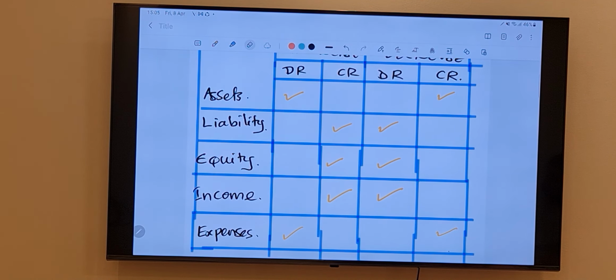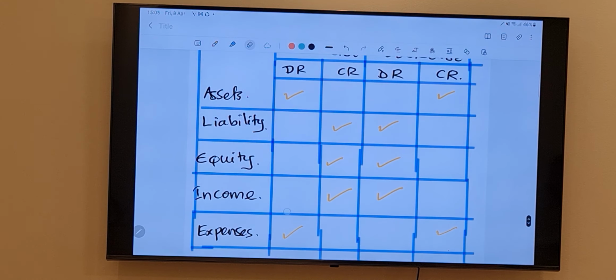If you understand the concept and remember this table, you cannot make any mistakes about double entry. This table was actually developed by me based on the theories. If you can print this table and put it in your study room, and whenever you are studying, check it, that will help you remember.